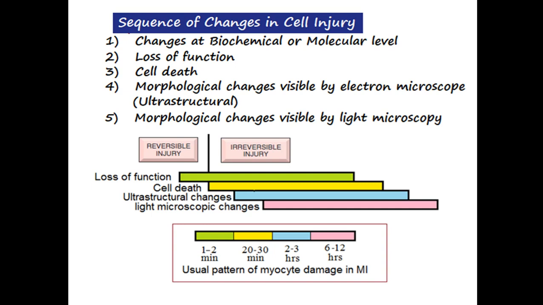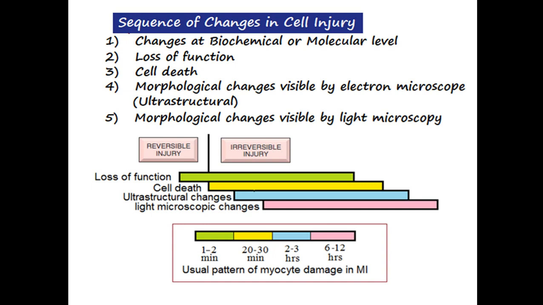The changes that we see by the electron microscope are the ultrastructural changes, and later on we will be able to use the light microscope and identify certain changes. So, passing from adaptation to reversible cell injury and then into irreversible cell injury.